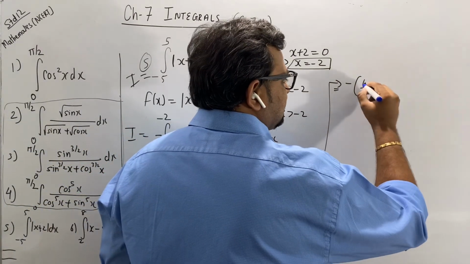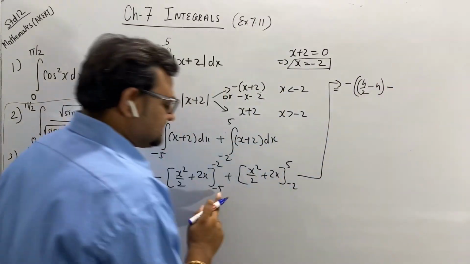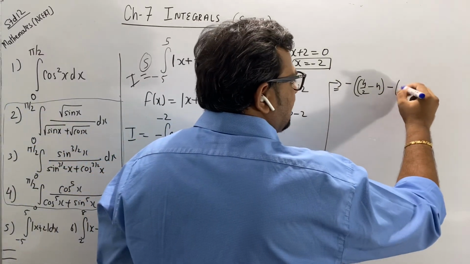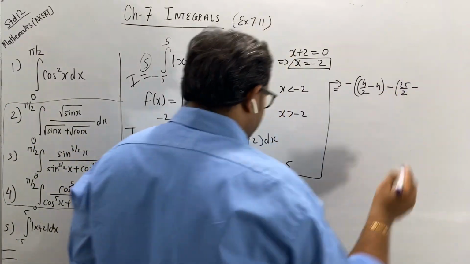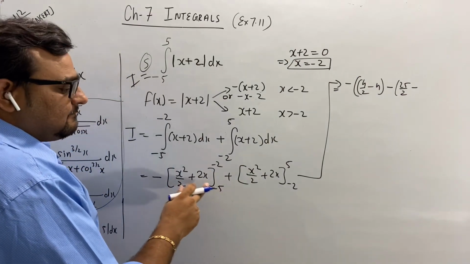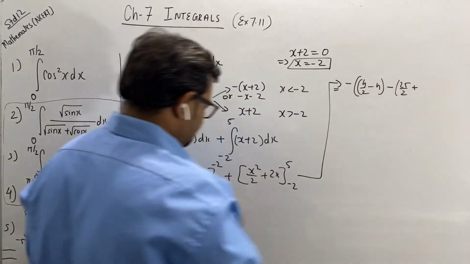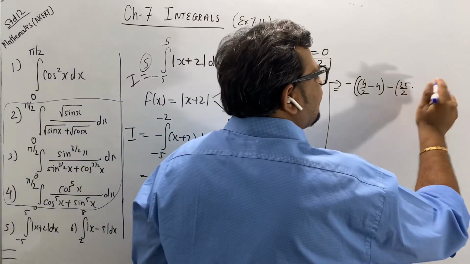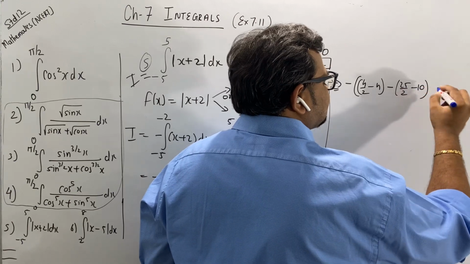So minus 4, minus now minus 5. Minus 5 square, 25 by 2, it will be plus 25 by 2, minus 2 into minus 5, sorry, it's plus. 2 into minus 5, that is minus 10. So it will be again minus 10.